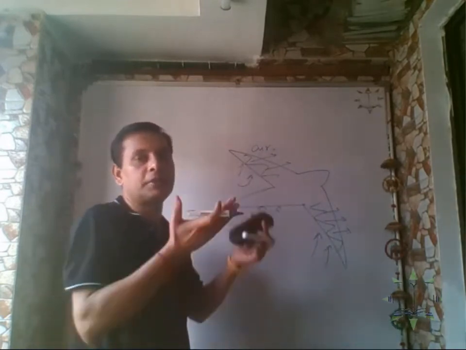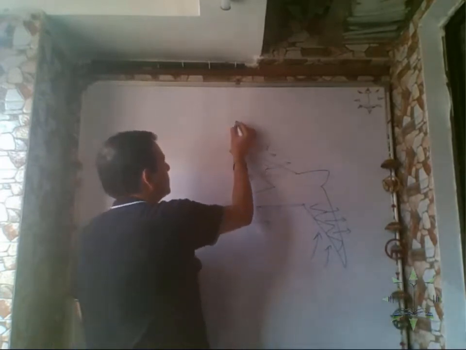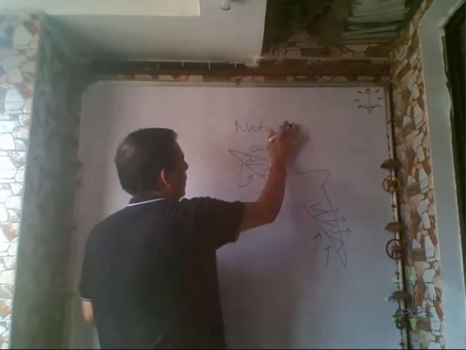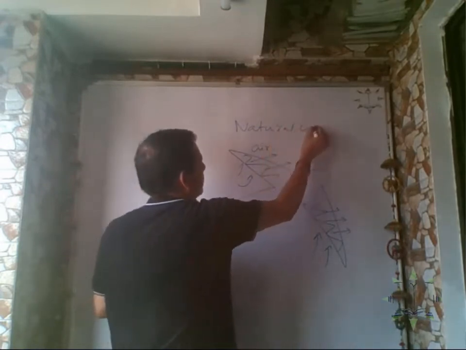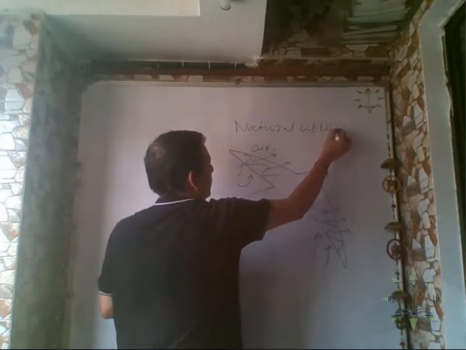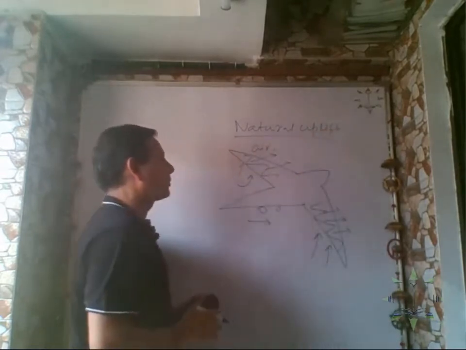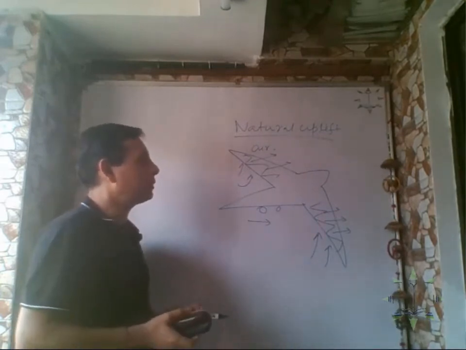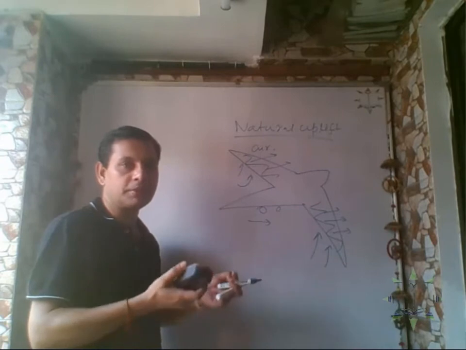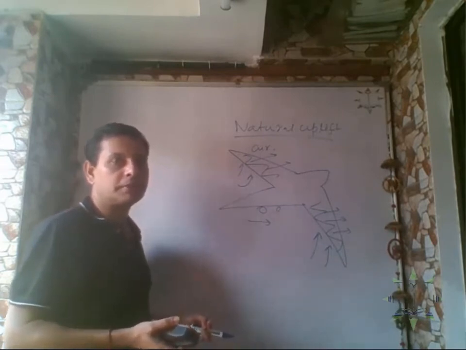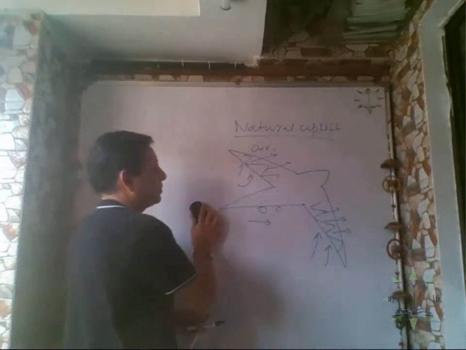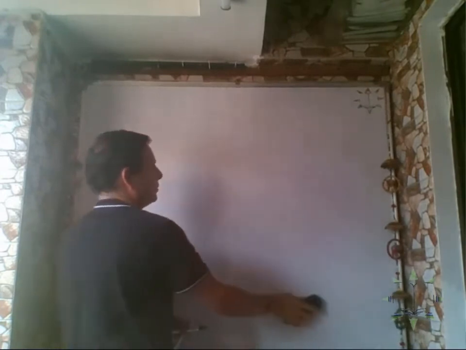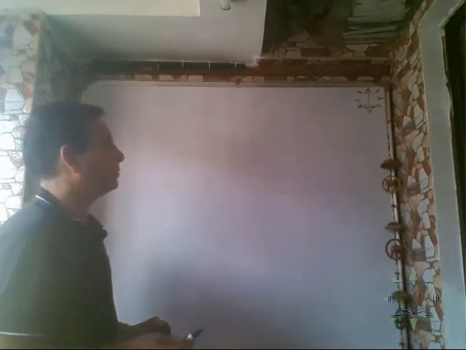This gives a lift, a natural uplift. Without using any mechanical device to generate this uplift, we are getting a natural uplift. Again, because the velocity is higher, pressure drops, and you get an uplift.